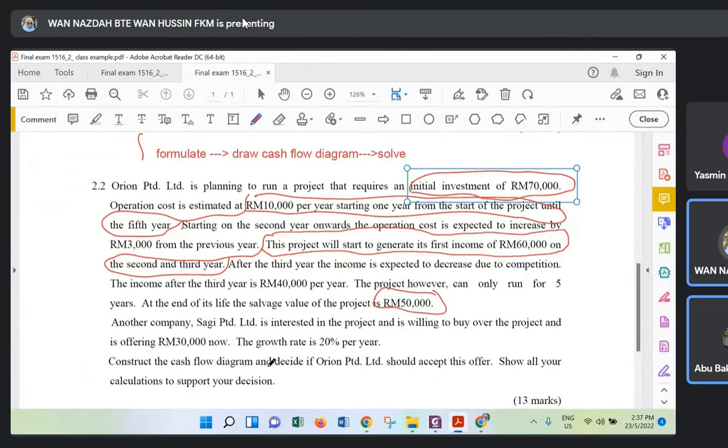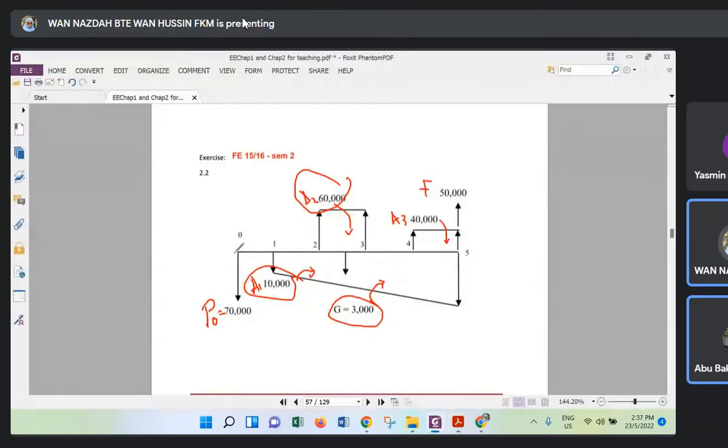Construct the cash flow diagram and decide if Orient Private Limited should accept this offer. Show all your calculation to support your decision. So what is actually happening? Now you are here.